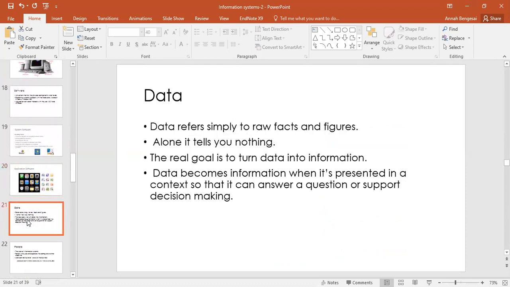Now with data, I think I've already explained in the example what data is. This is simply raw facts and figures that have not been transformed into something useful, which alone do not tell you anything, and they only become information when presented in a context so that it can answer a question or support decision making.